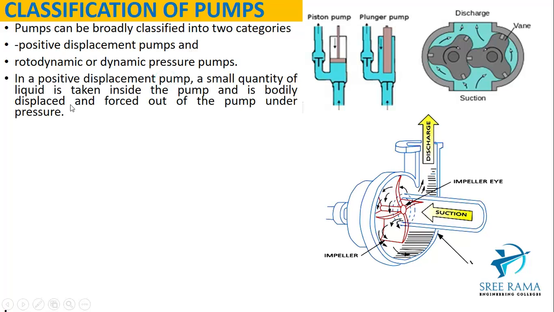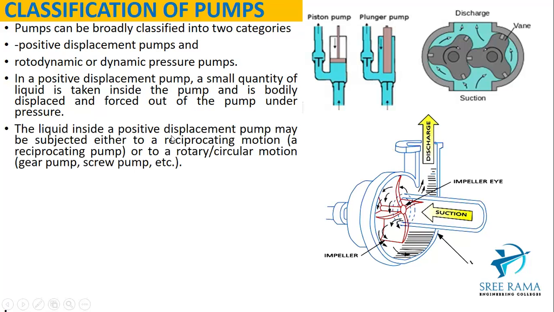Therefore, in positive displacement pumps, a small quantity of liquid is taken inside the pump and bodily displaced and forced out of the pump under pressure. The liquid inside the positive displacement pump may be subjected to either reciprocating motion or a rotary or circular motion. Look at this second diagram. Here the vane is in rotary motion.